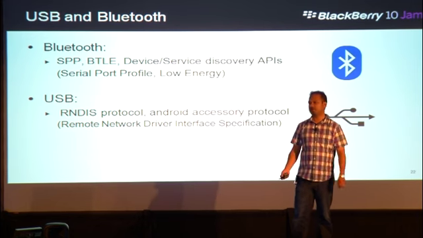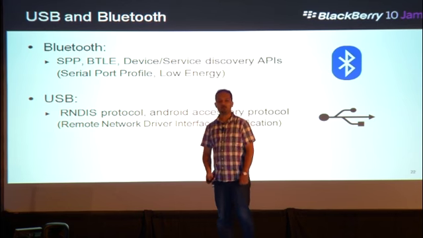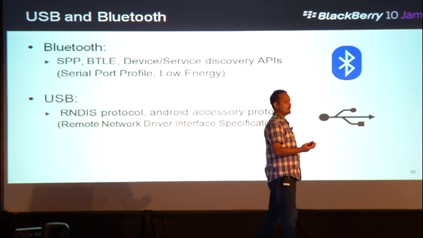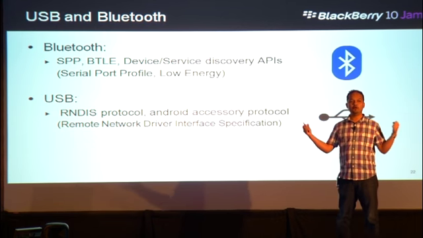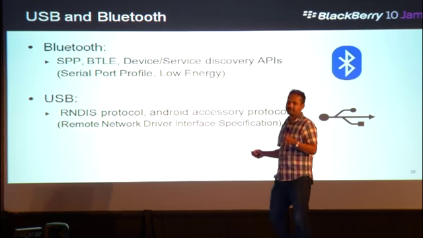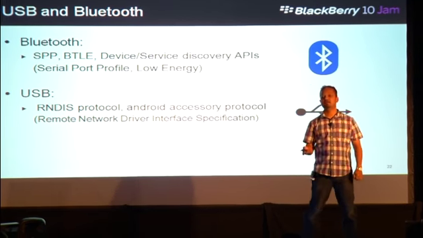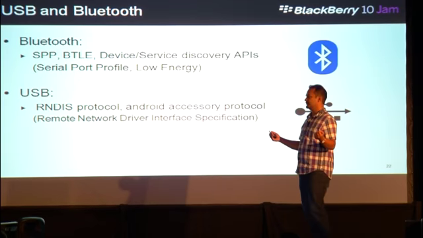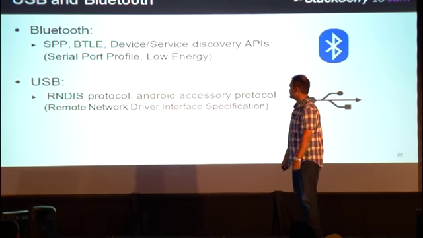When it comes to USB, we have support for something called the RNDIS protocol. What that protocol does is, when you connect two devices over USB, both will get an IP address, and you can just create simple socket connections over that using those IP addresses. But the caveat to that is that both sides need some kind of network stack to handle socket connections.